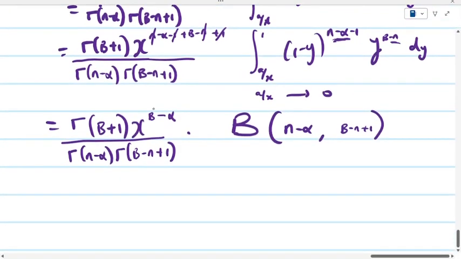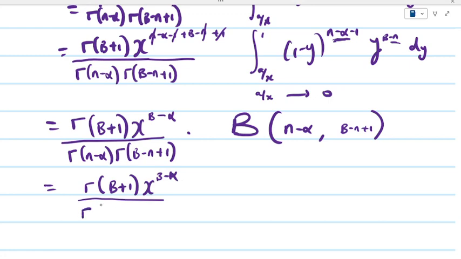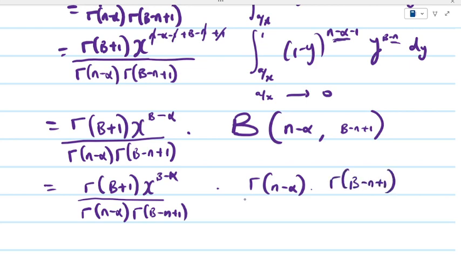And the relationship between our gamma function and beta function is very simple. It's just the multiplication and the addition of what we have, that is the multiplication of gamma(n minus alpha) times gamma(b minus n plus 1) over gamma(n minus alpha plus b minus n plus 1).